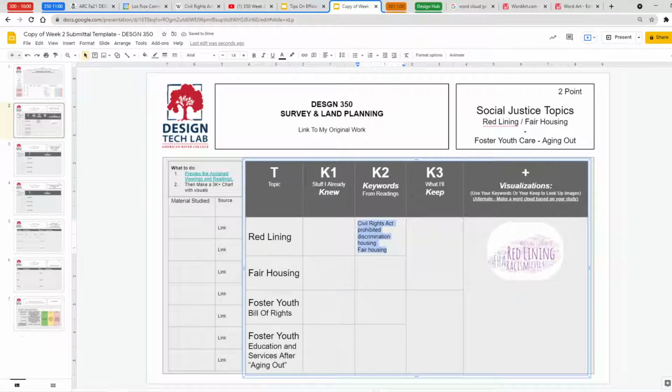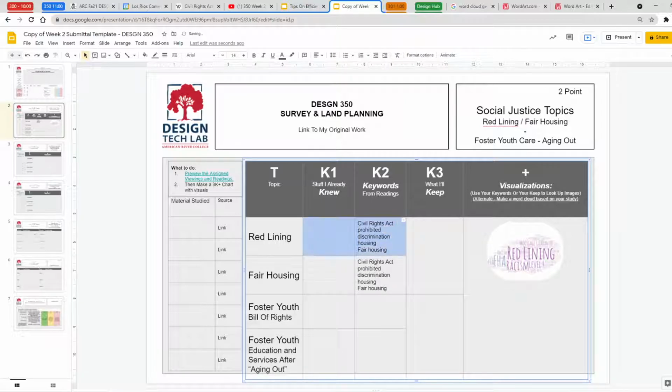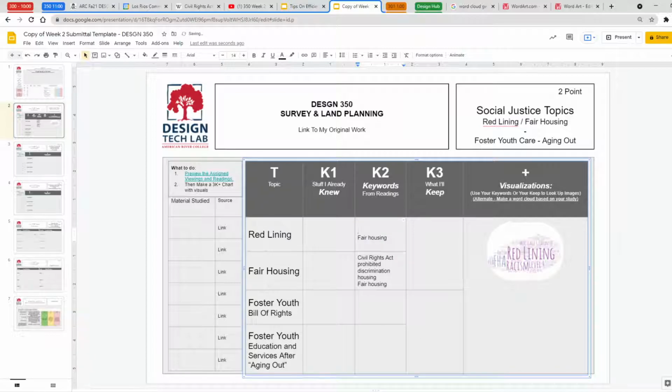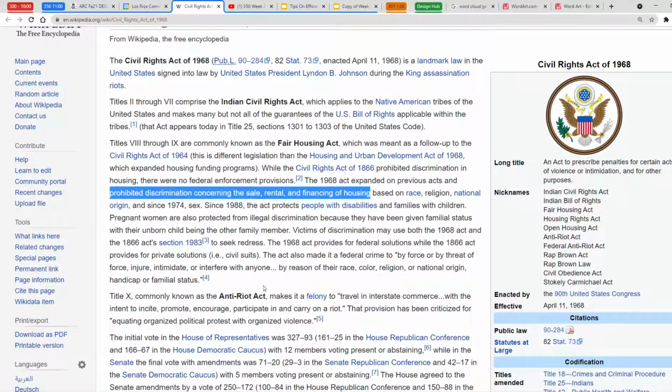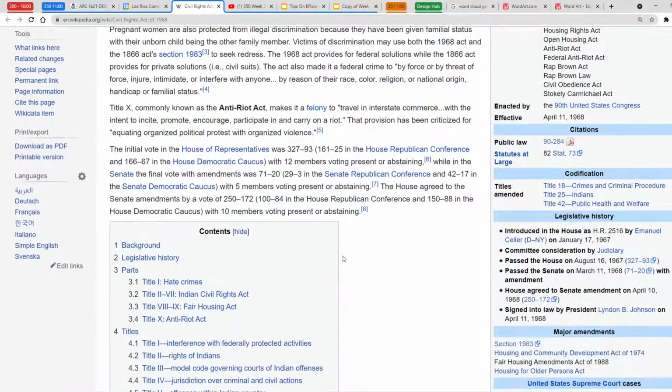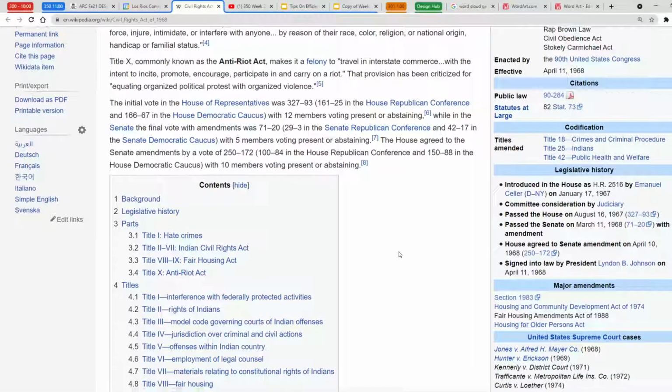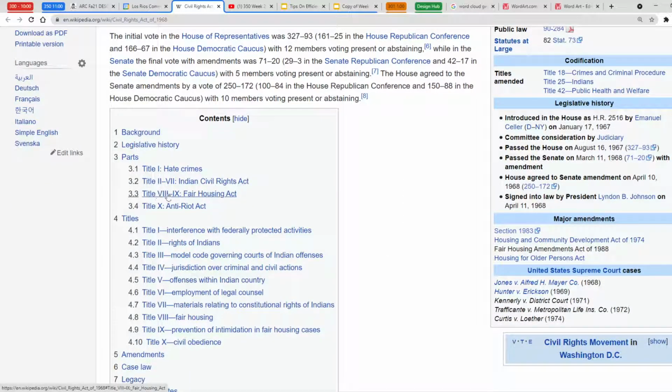Oh, these actually go kind of in here. I'm in the wrong one. So you'll play around with this. That's sort of what you'll do, you'll go here and you'll just find keywords. And the Riot Act, some of those other ones. Title 8.